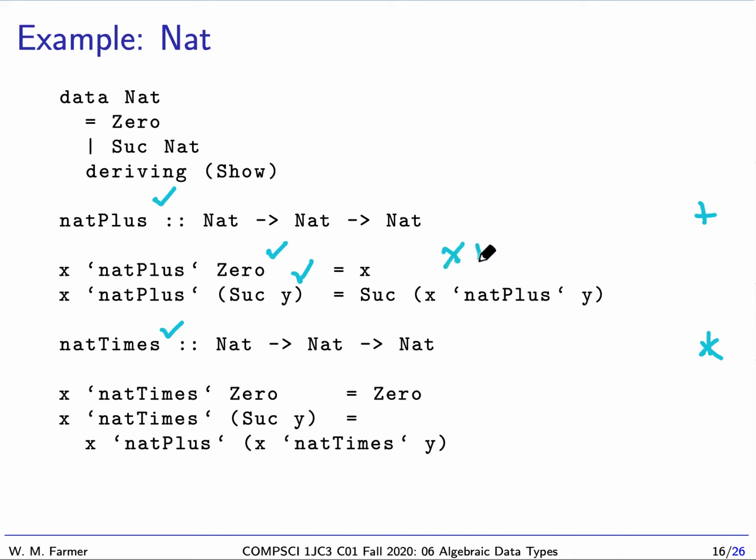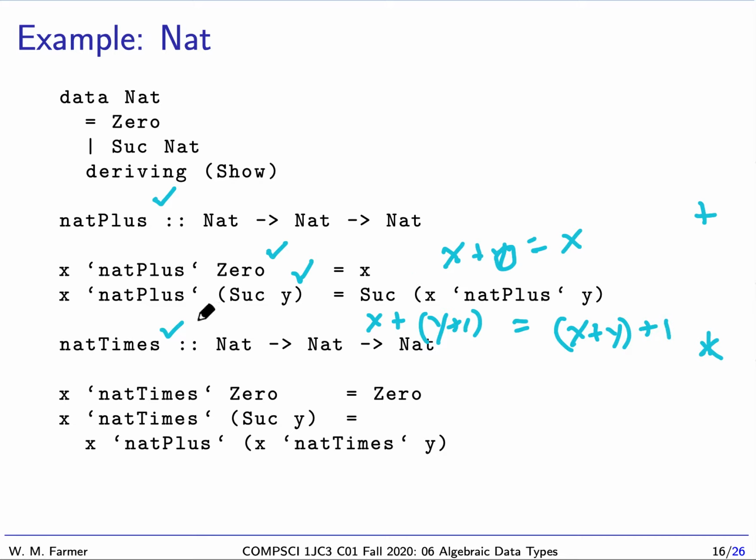So x plus 0 equals x. And then for the successor of y, I'm saying x plus (y plus 1) equals (x plus y) plus 1. That's basically what we have here.